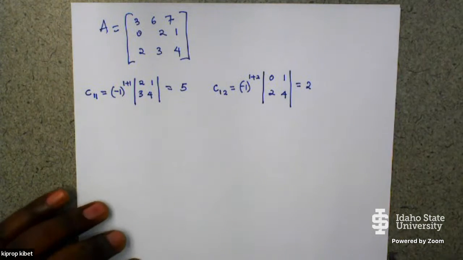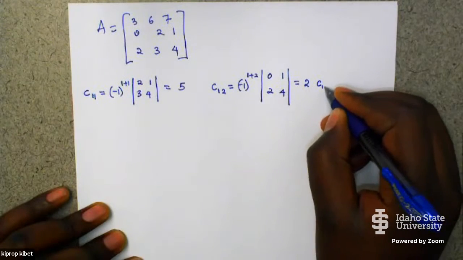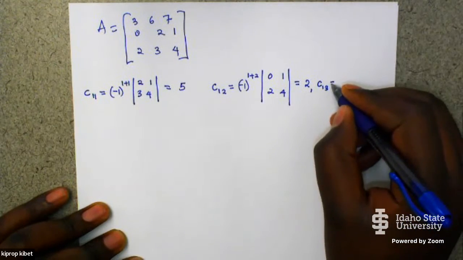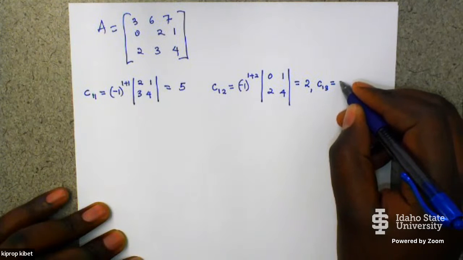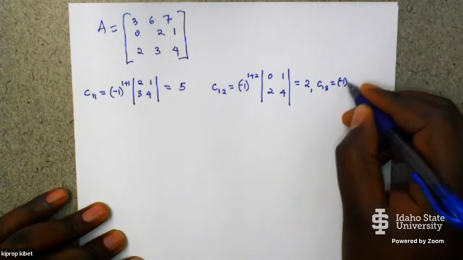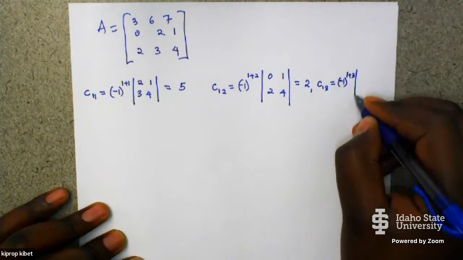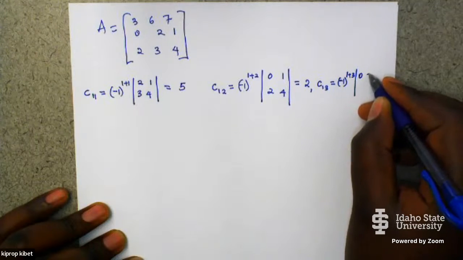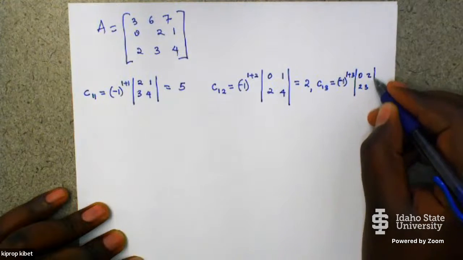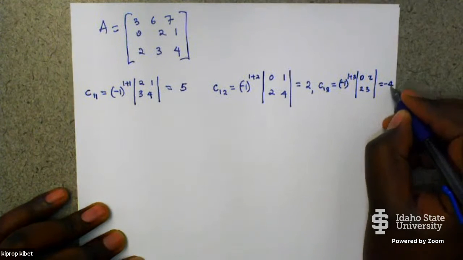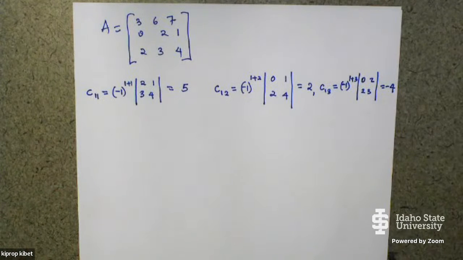Okay. Then C13. So C13 is equal to -1 to the power 1 plus 3, determinant of 0, 2, and then 2, 3, which will give us -4. So for C11, C12, C13, you actually delete the first row and each of the columns. Now, let's come to the next row.